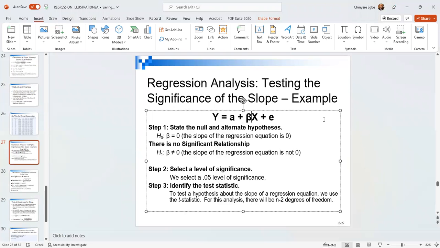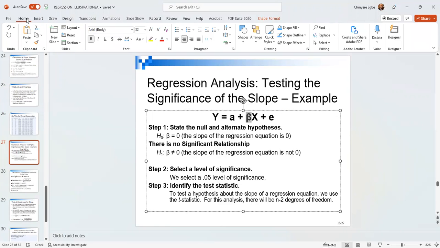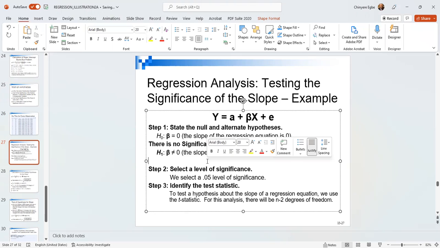Our objective is to ask ourselves if beta is equal to 0. If beta is equal to 0, then there is no significant relationship between X and Y. The alternate hypothesis, H1, is that beta is not equal to 0, and therefore there is a significant relationship.